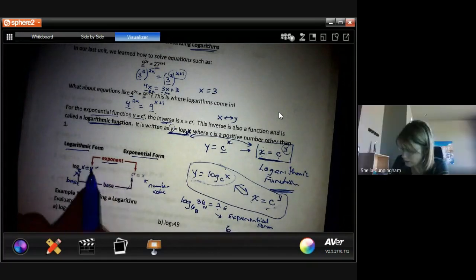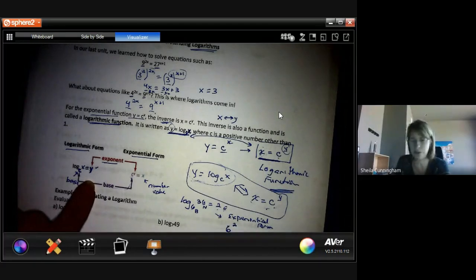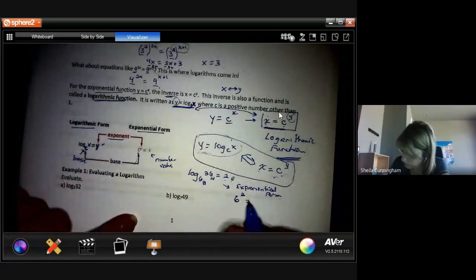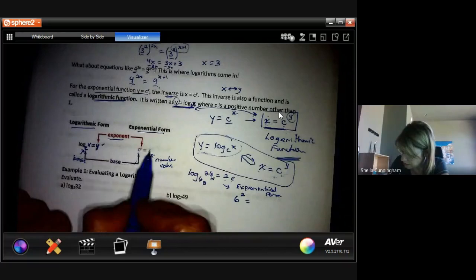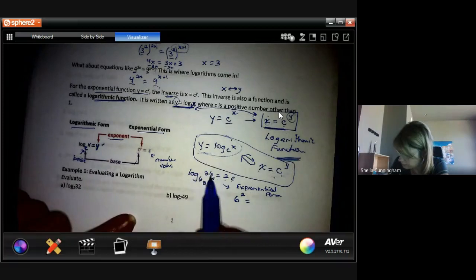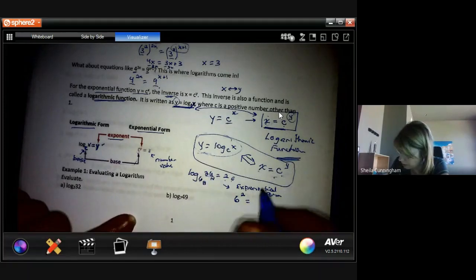My exponent represents that little 2, so I'm saying 6 to the power of 2 equals, on the other side, the x, whatever that value is after your log. Well, this is my number, my value.